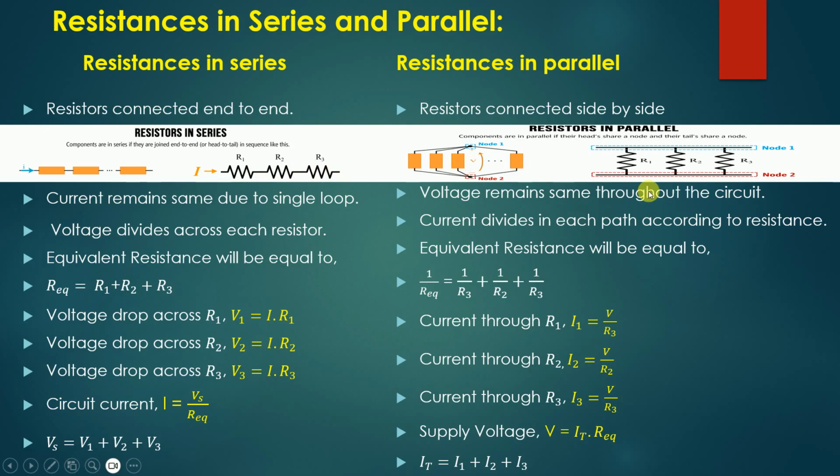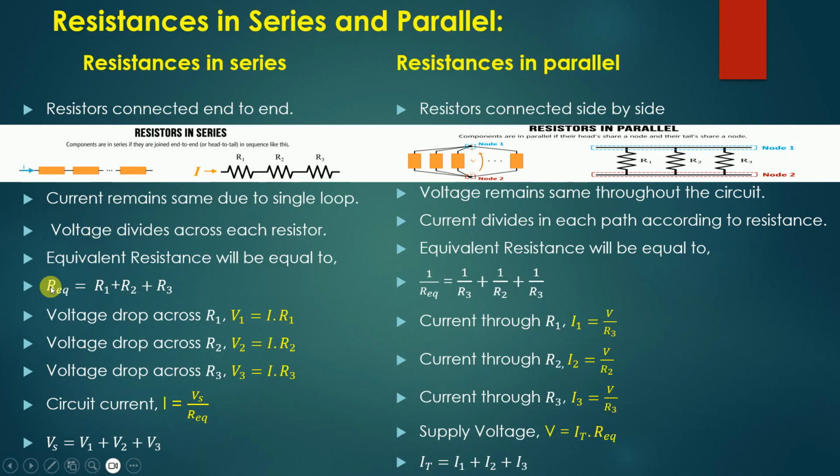Similarly, in a parallel circuit, because there are a number of paths for current to flow, the current divides in each path depending upon the value of the resistors connected in parallel. If all three resistors have the same resistance value, then the same current will flow through these three paths. If they have different resistance values, then the current which will flow through these three paths will be different.